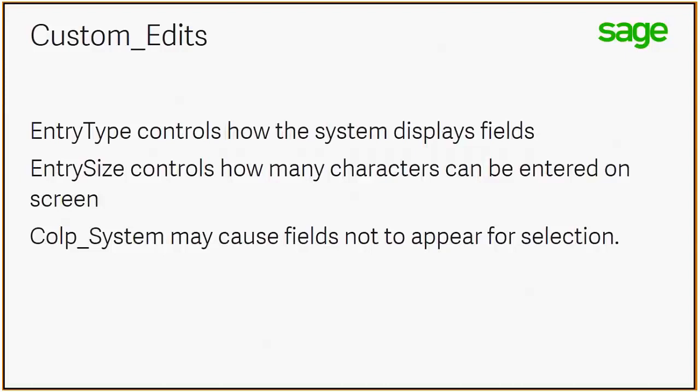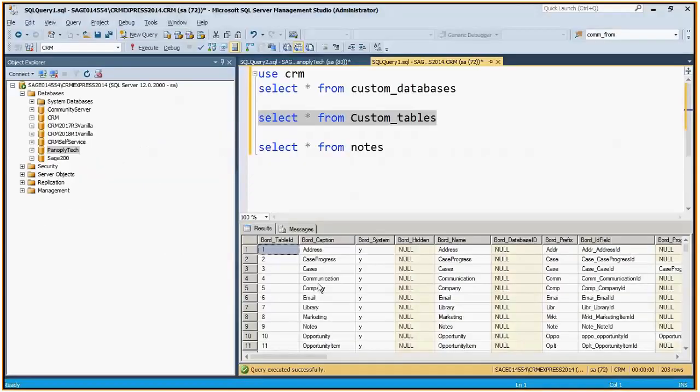So there are properties like culp_system which can suppress fields as to being available to see or select or to use, or even other properties to allow us to decide whether or not a field should be able to be removed from the system as well.